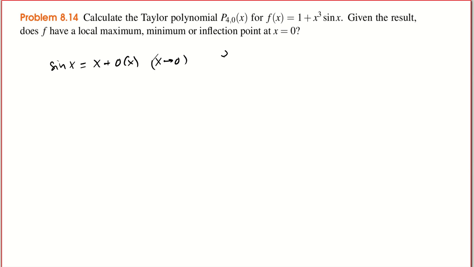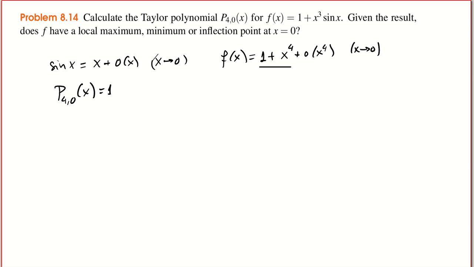So f of x is 1 plus x cubed multiplied by this, so x^4 plus o(x^4) when x goes to 0. And that is the fourth-degree Taylor polynomial around 0 of f. So this is 1 plus x^4.